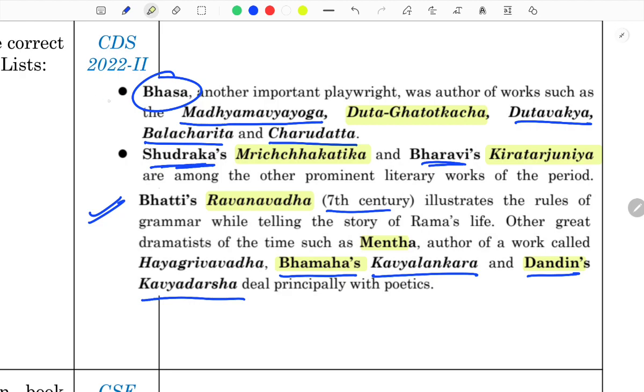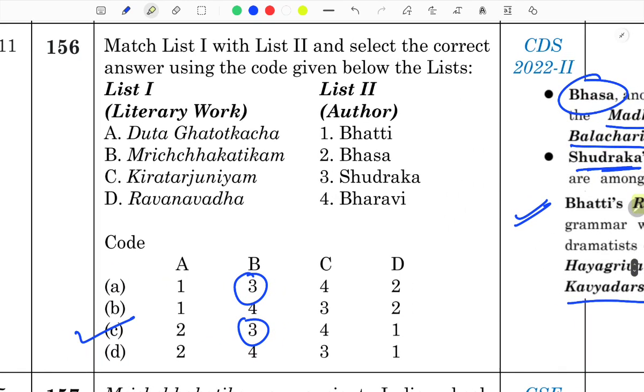And from here Bhasa's other works, Dutta-Vakya, Balacharita and Charudatta, and Madhyama Vyayoga, Dutta-Ghatotgacha, are already in the question. So now it's simple.